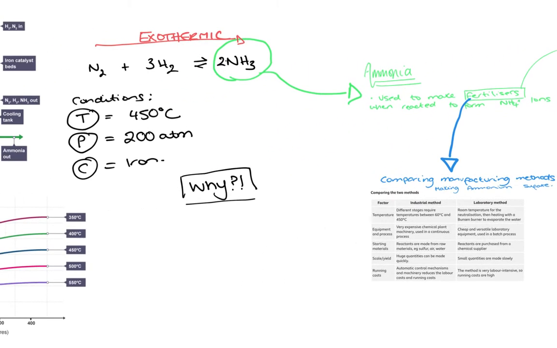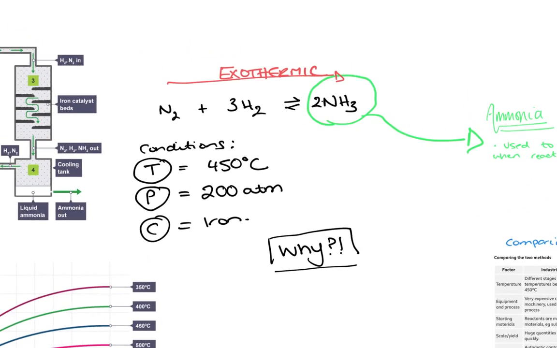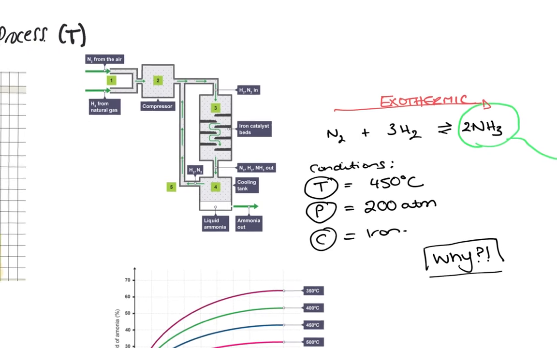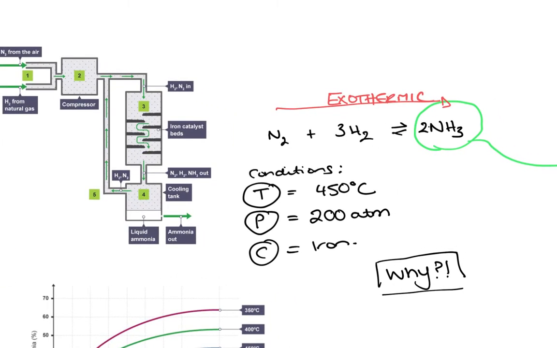Let's go back to the Haber process now, because this is the part that is triple science only, but also higher tier only. So on your screen, you can see the reversible reaction that is the manufacture of ammonia, the Haber process. You have nitrogen reacting with hydrogen to form ammonia.